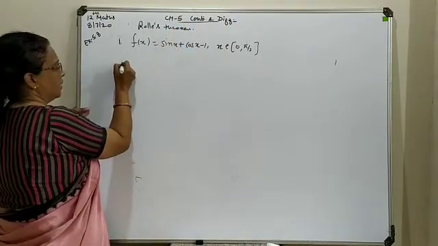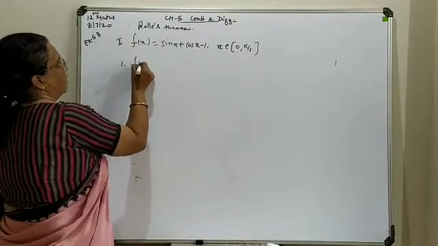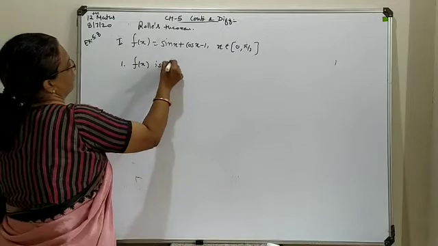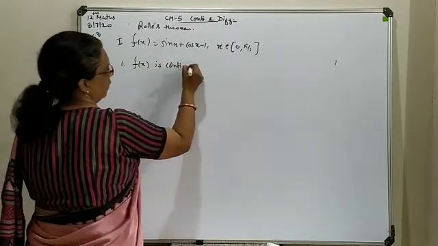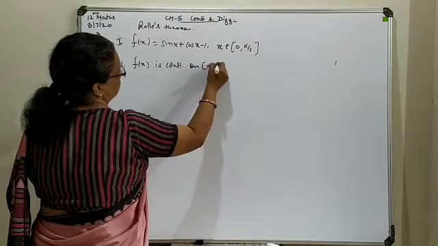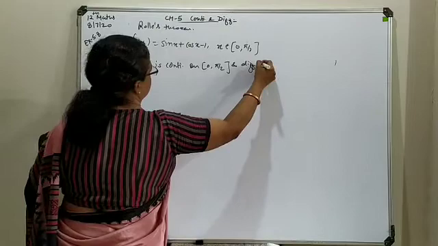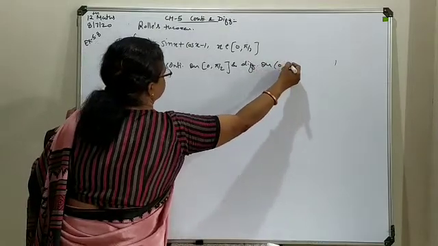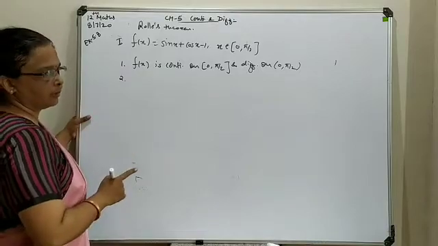Your first step is: f(x) is continuous on the closed interval and differentiable on the open interval. Second step, you will find out the function values.